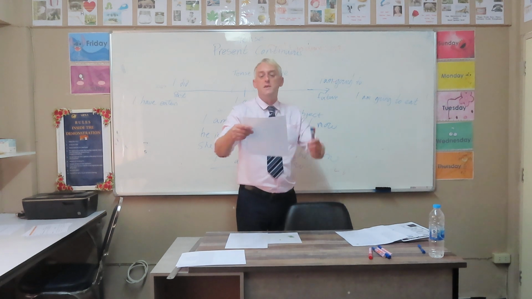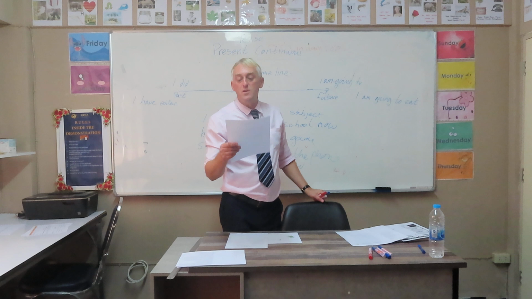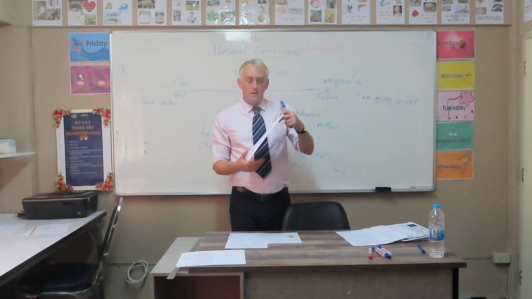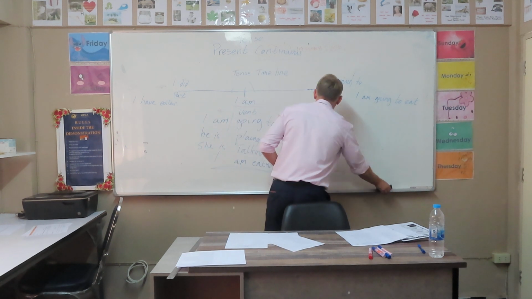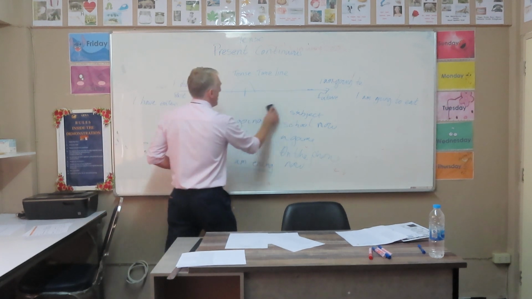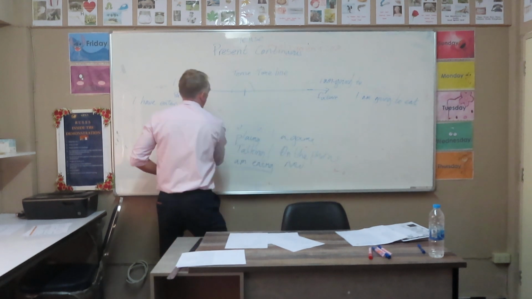So I have another question and answer sheet, and this is writing the missing questions according to the underlined words given. Okay, so for the first one, I have a little board. Remember, we're constantly working with this timeline of what we are doing now.